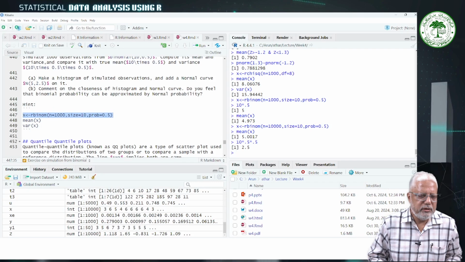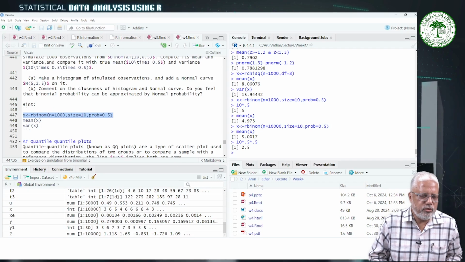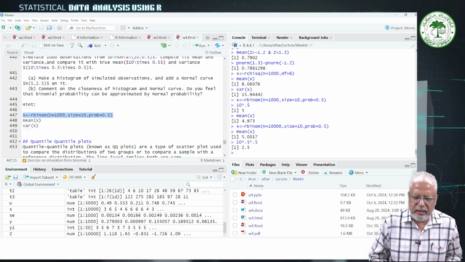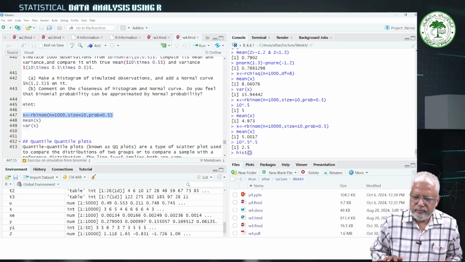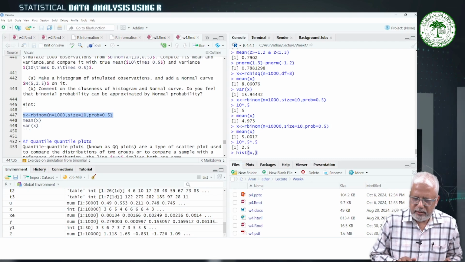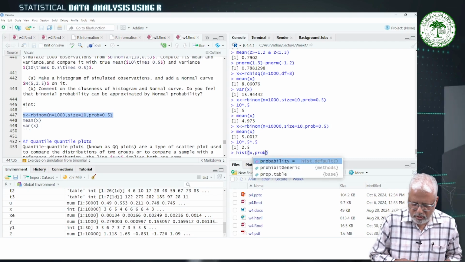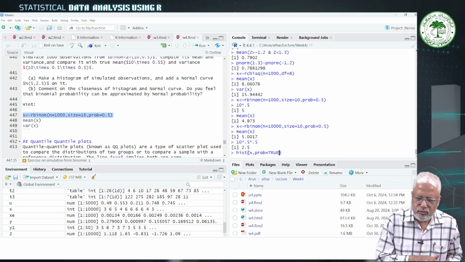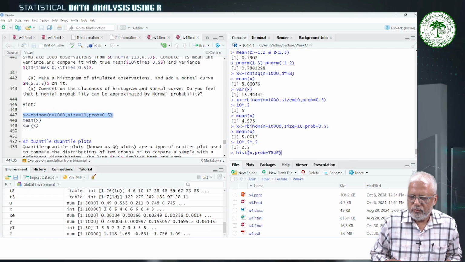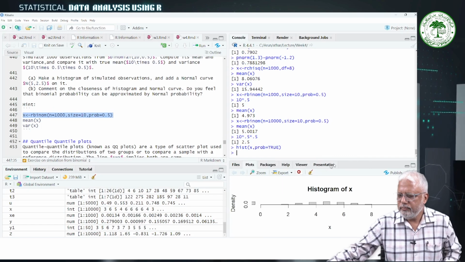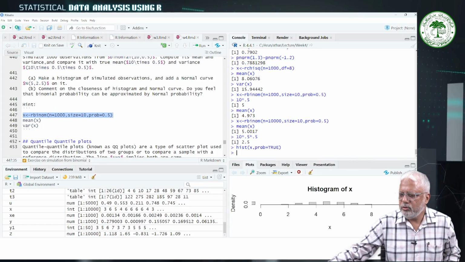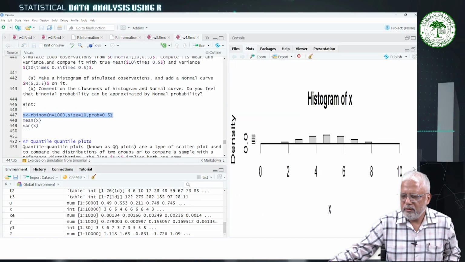So, here we can make a histogram, hist of x, and prob is equal to true. This is the histogram we have got.